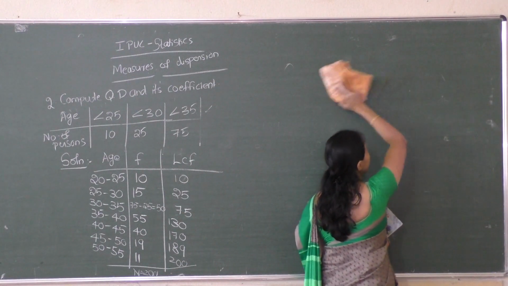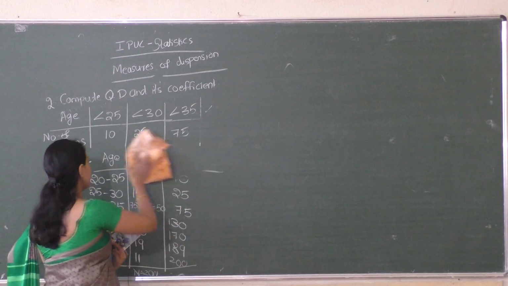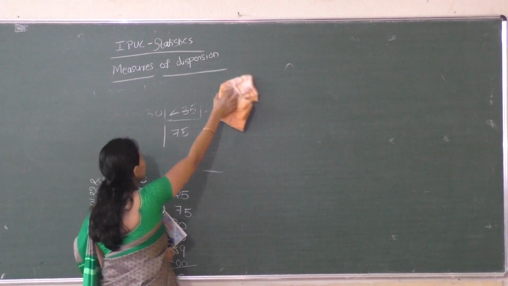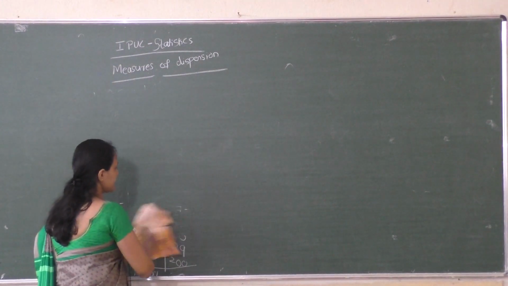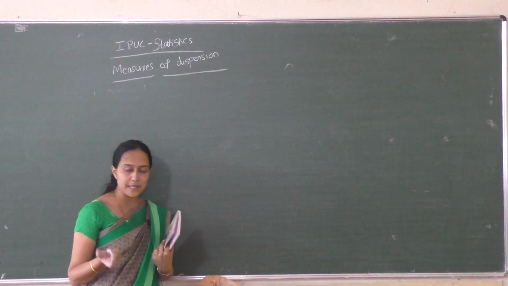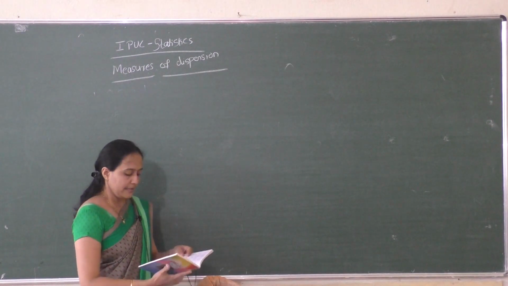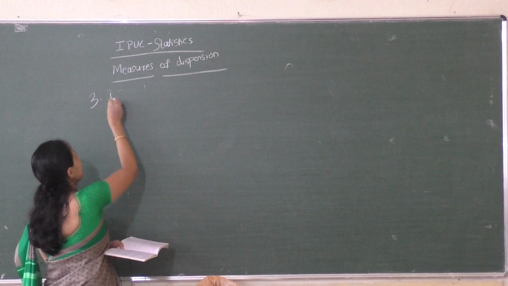For the continuous series we saw how to find it. If inclusive classes are given, first convert them into exclusive classes. If upper limit and less than cumulative frequency is given, the method is this. Similarly, if lower limit and more than cumulative frequencies are given, at that time also you have to convert. Next, one more problem where everything is given directly.